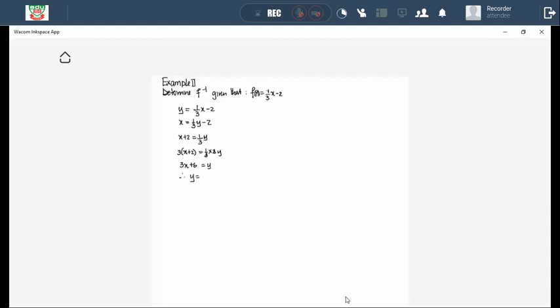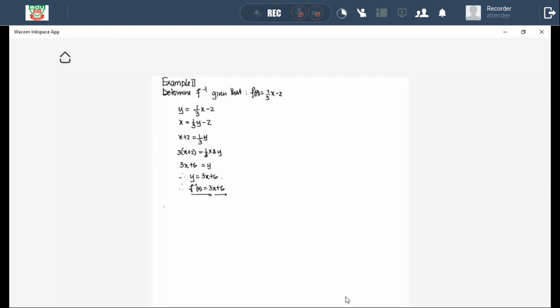Therefore, the inverse of f of x is y equal to 3x plus 6. That is my f inverse. I can also present it as f inverse is equal to 3x plus 6. That is the inverse of a function.